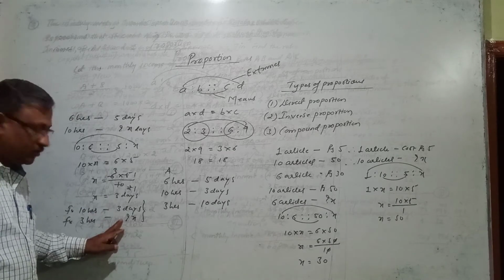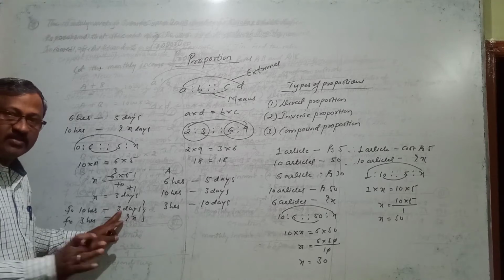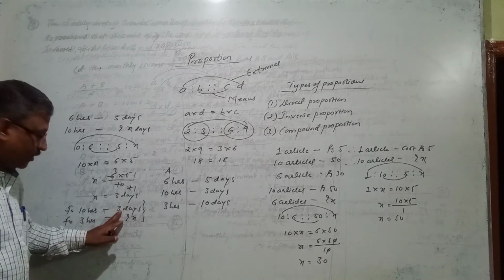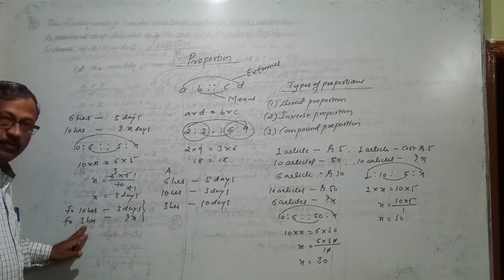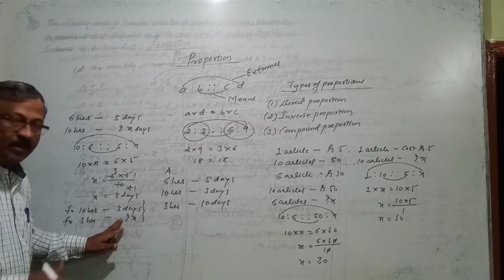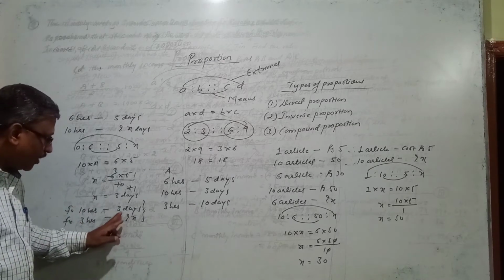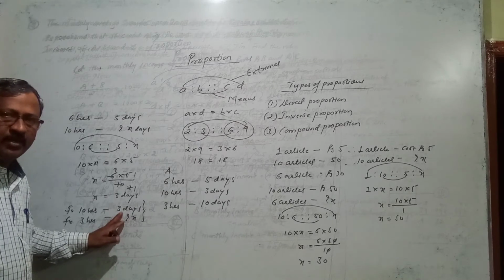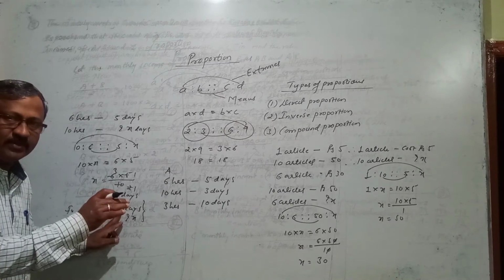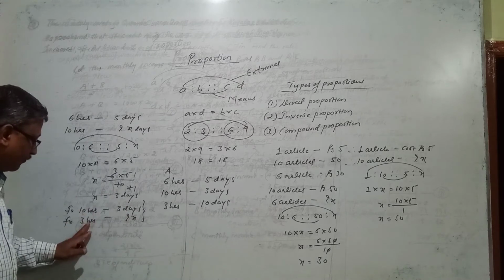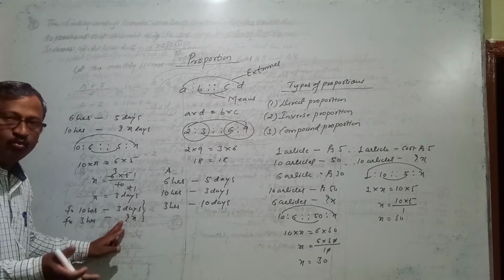More or less? Means more than 3 days are required or less than 3 days are required, that you have to see. If you work for fewer hours, definitely to complete the work, more days are required. So the number of days required will definitely be more than 3 days. As the number of hours decreases, the number of days required to do the work increases.